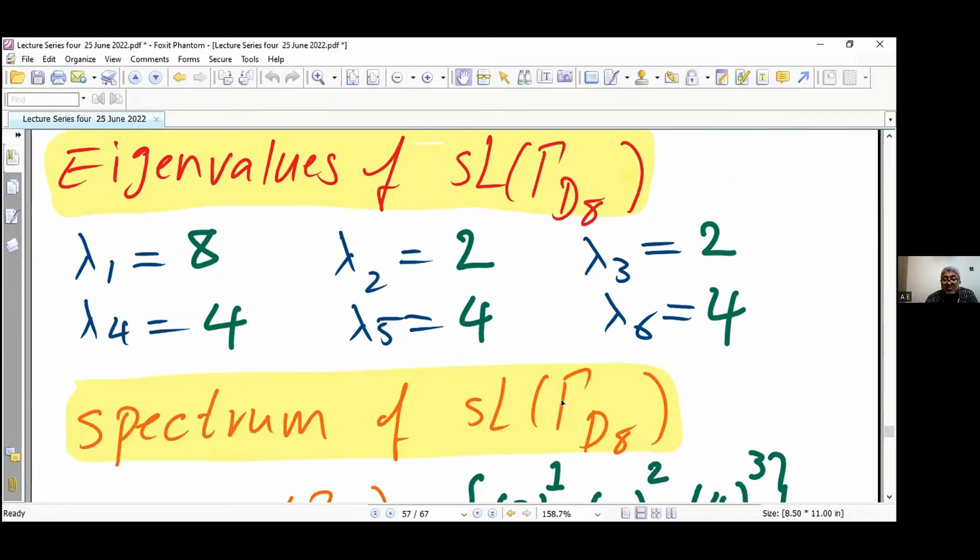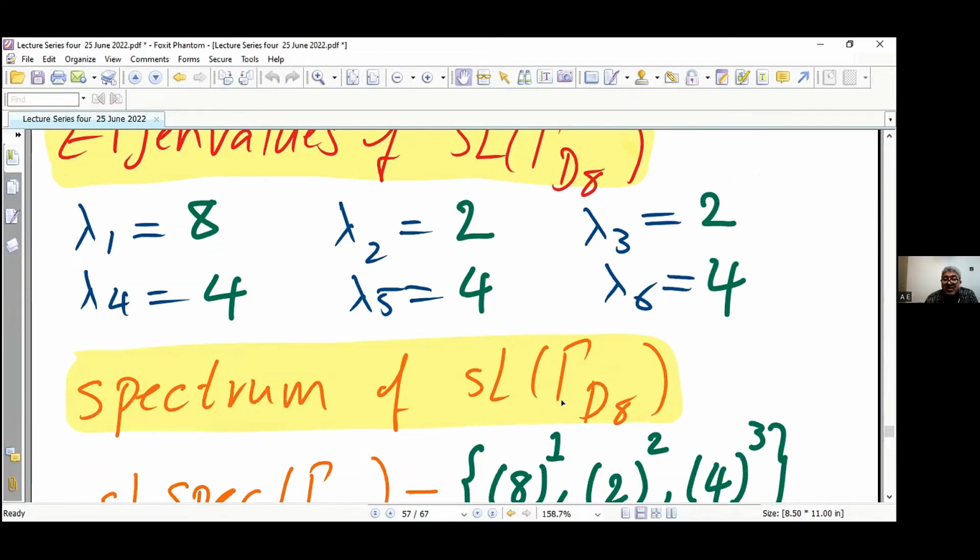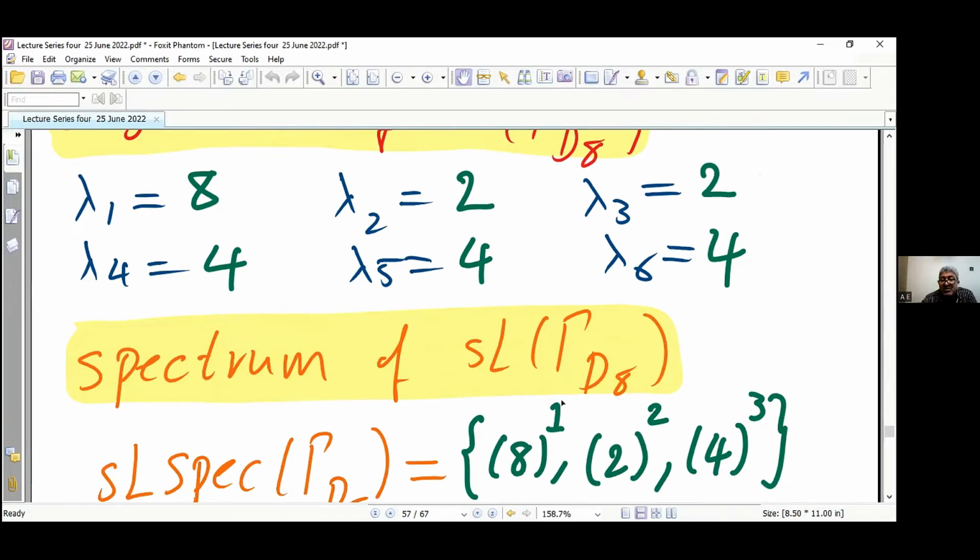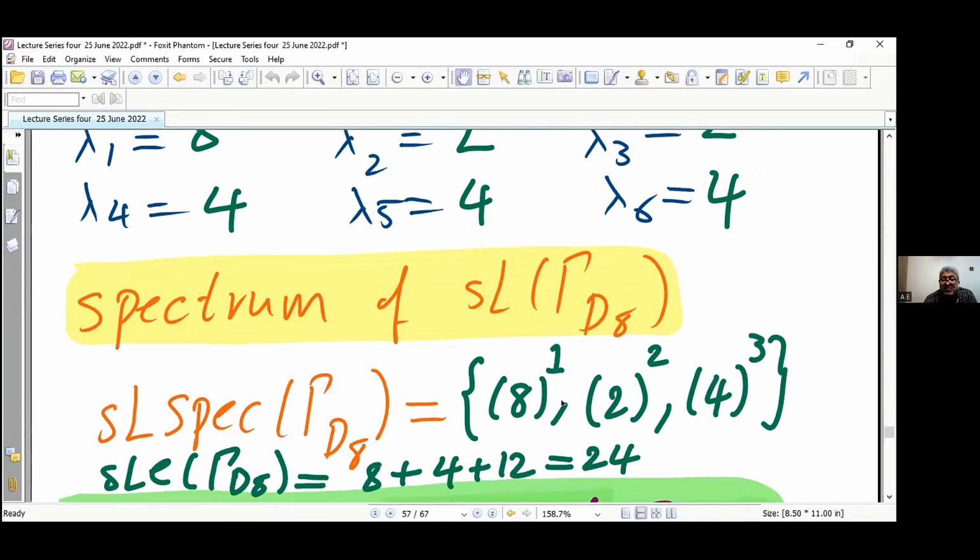The spectrum of the signless Laplacian matrix of the non-commuting graph of D8 is 8 with multiplicity 1, 2 with multiplicity 2, and 4 with multiplicity 3.